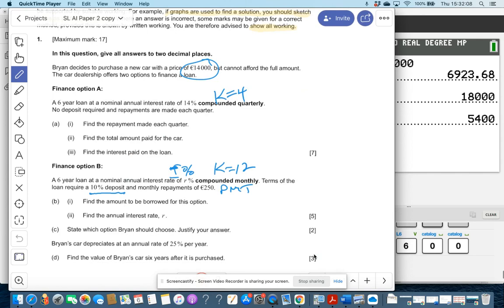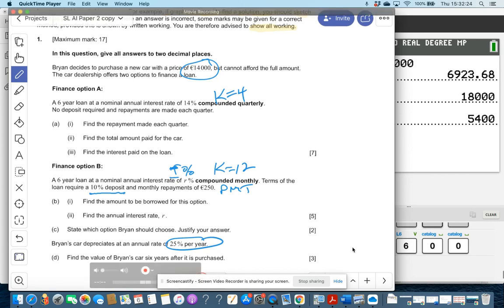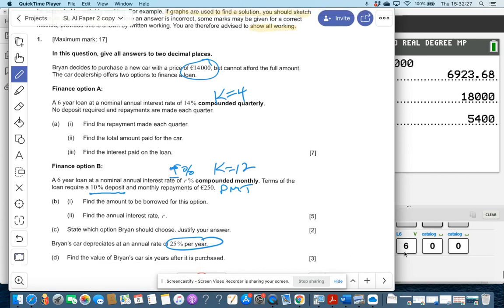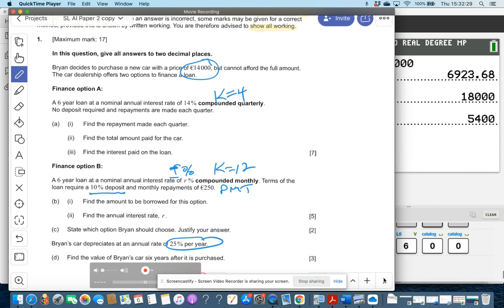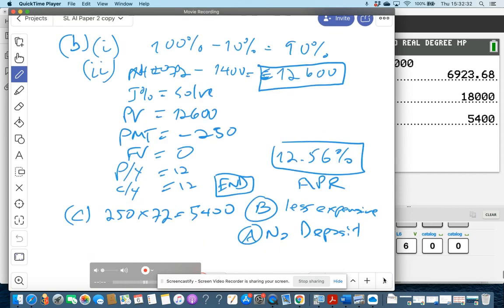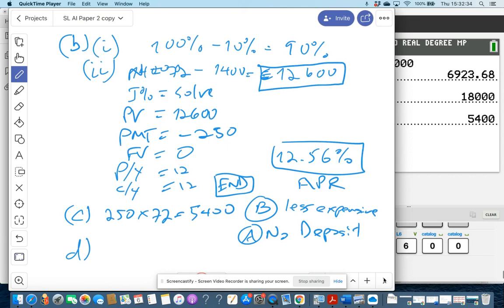D, depreciation. Okay, so you're losing 25% per year. Okay, you could do this as an exponential. Again, 25% less than 100%. That's what I showed in my workings. I just basically did 100% minus 25% is 75%.